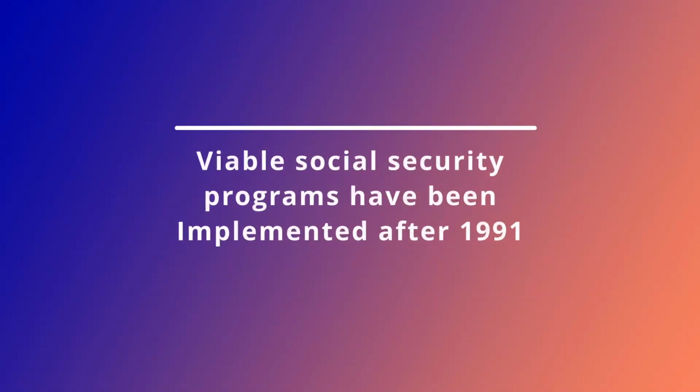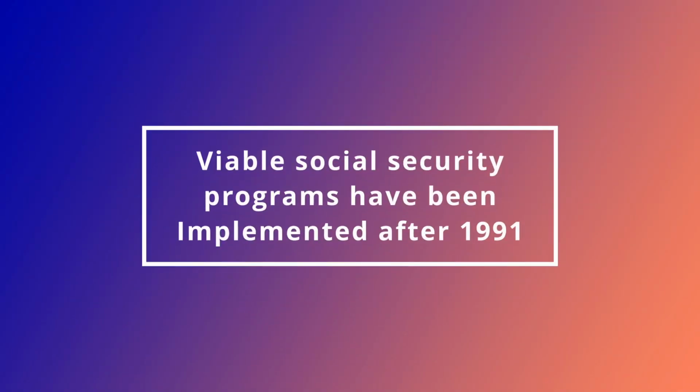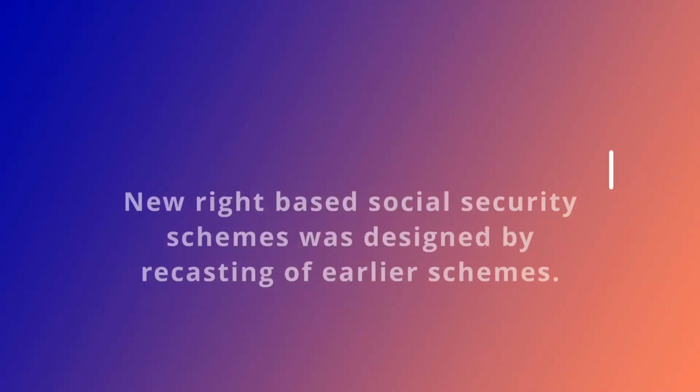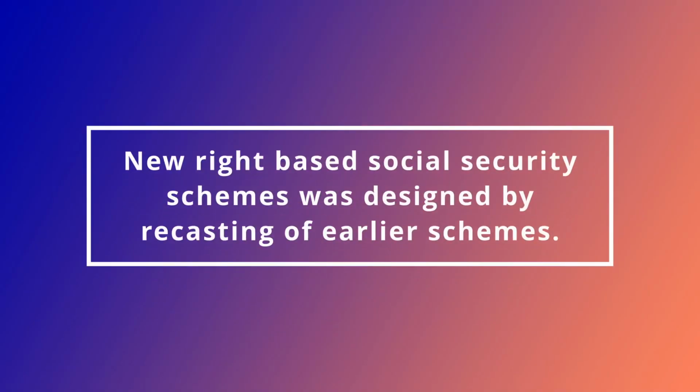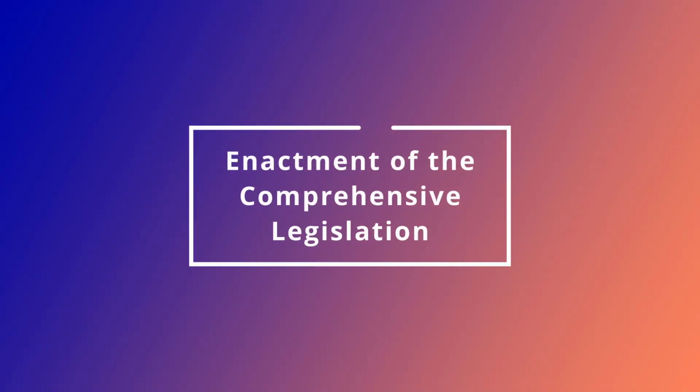But after 1991, we find that we need social security measures which are viable. So viable social security programs were implemented after 1991, and those measures are basically rights-based. Rights-based schemes were designed, recasting the old measures and enacting comprehensive legislations.